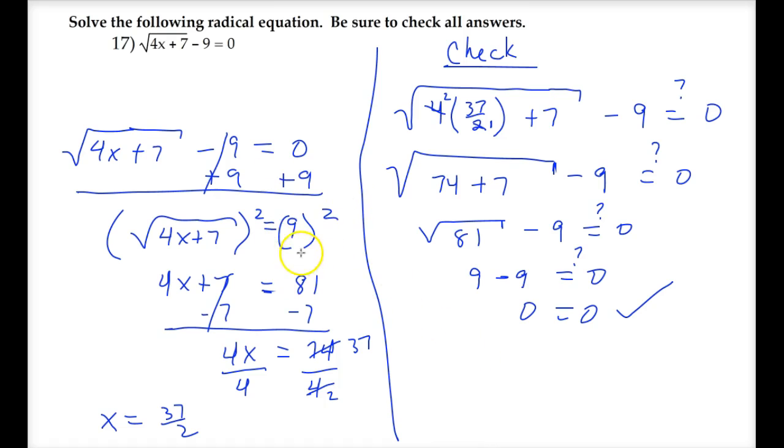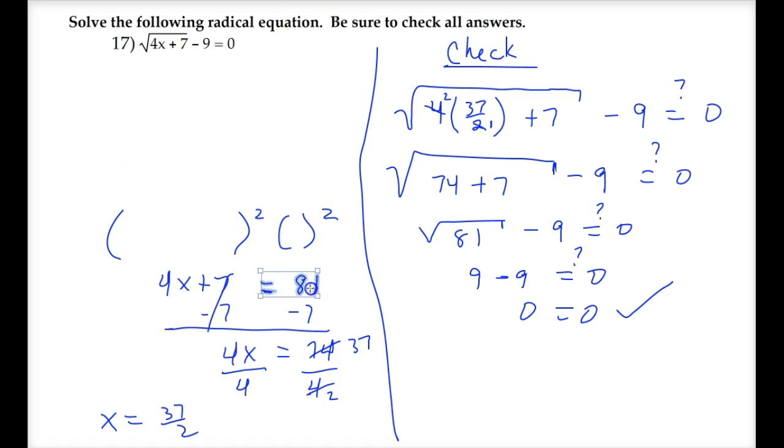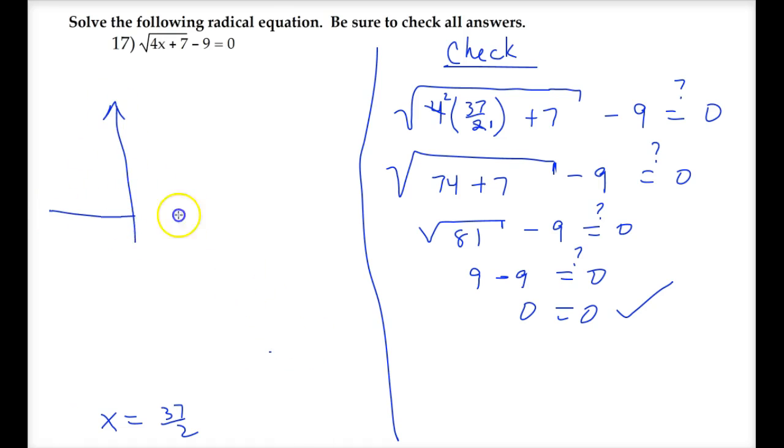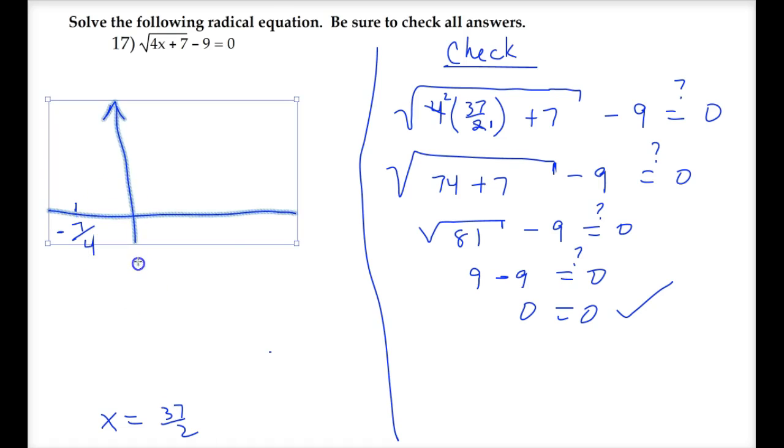And I'm going to clear a little room here so that you can kind of see what I'm talking about. Let's get rid of that. All right, so here we know that the domain of this is going to be all values of 7/4 or larger.